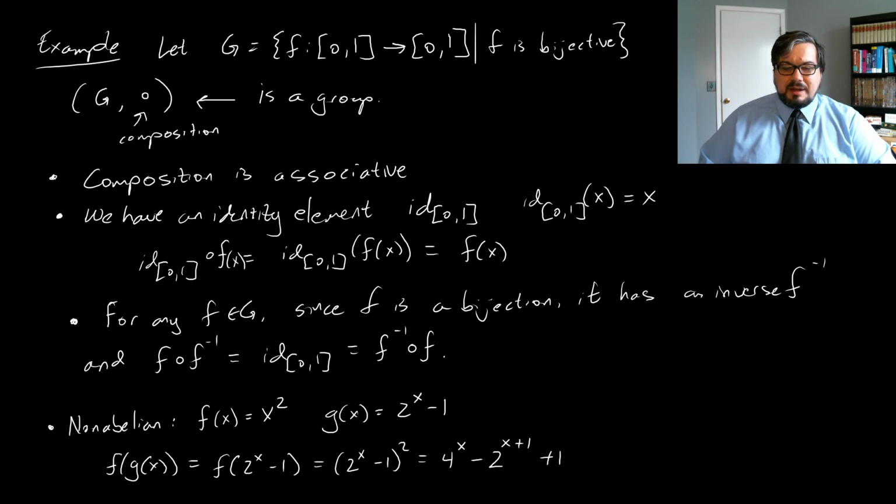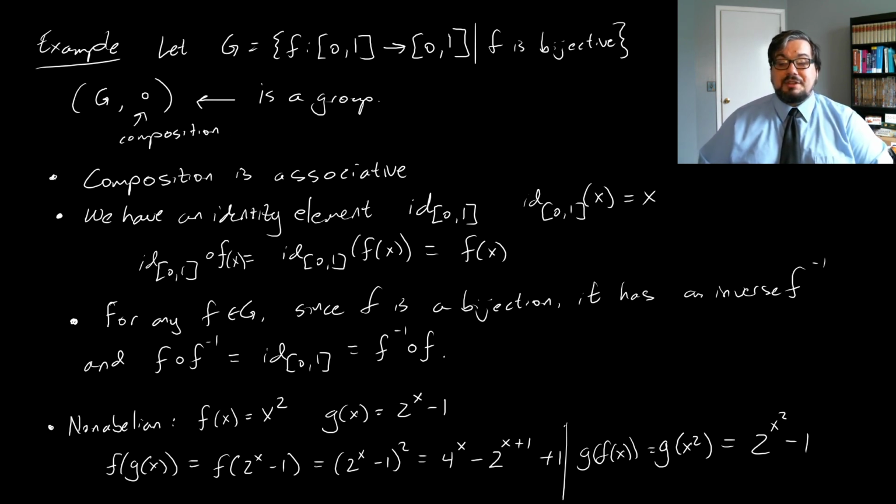And if we go the other way, if we take g of f of x, that's g of x squared, which is 2 to the x squared minus 1. And all you need to do to show that these two functions are different is to plug one number into them and see that you get a different result out of it.